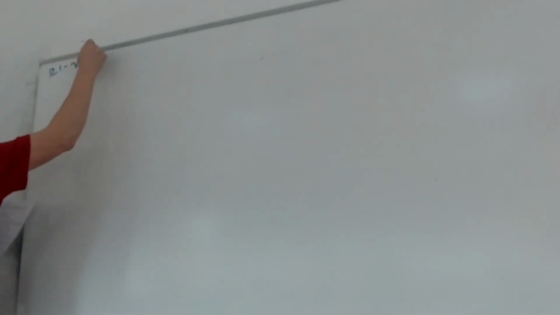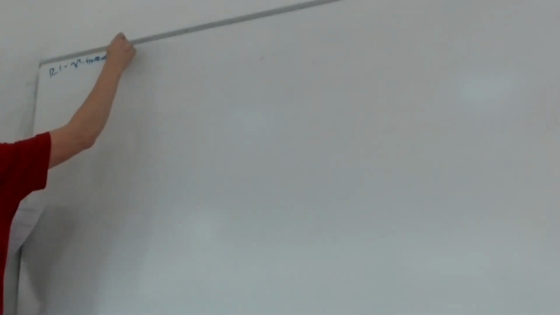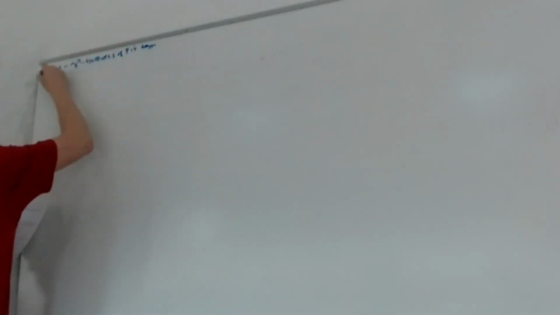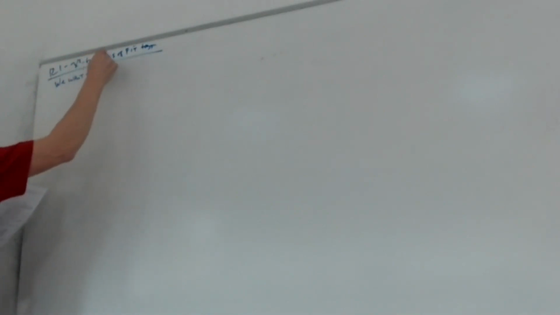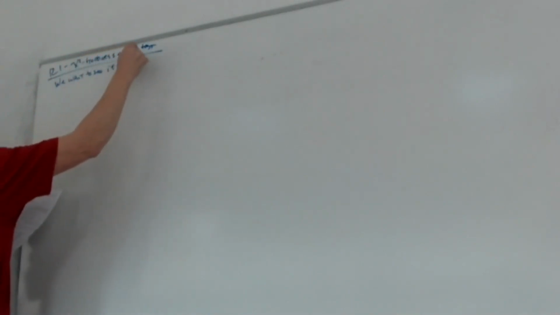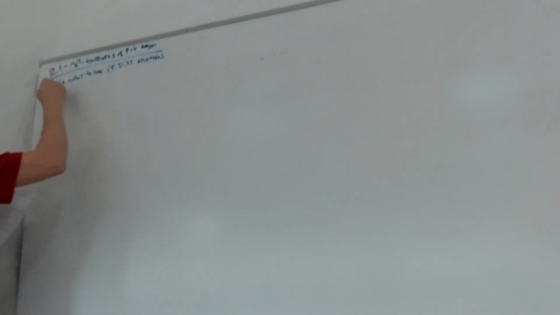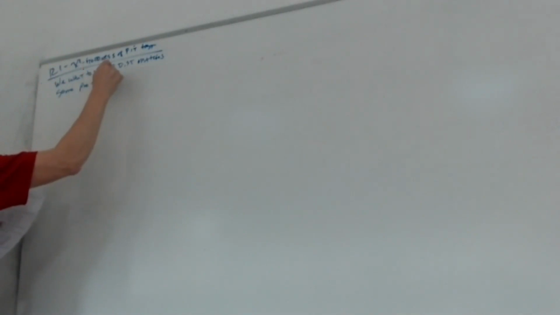So this is fantastic. Today we're going to talk about 12.1, which is the chi-squared goodness of fit test. The idea is we want to see if the distribution matches some preconceived idea.